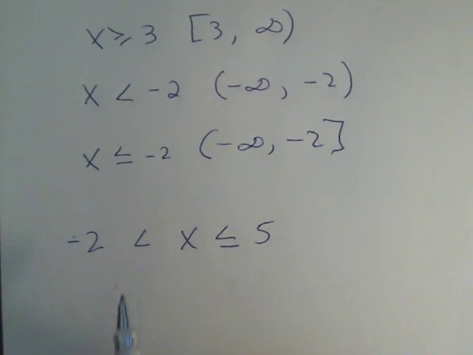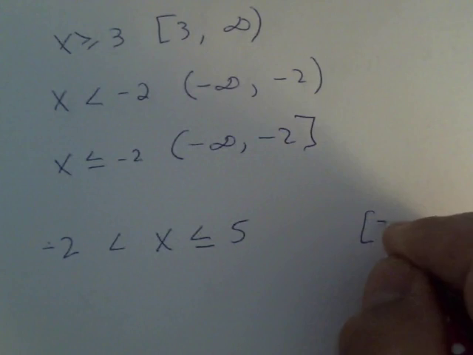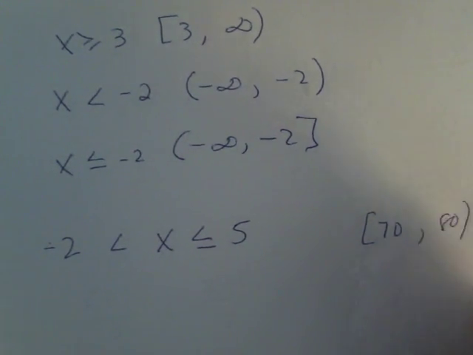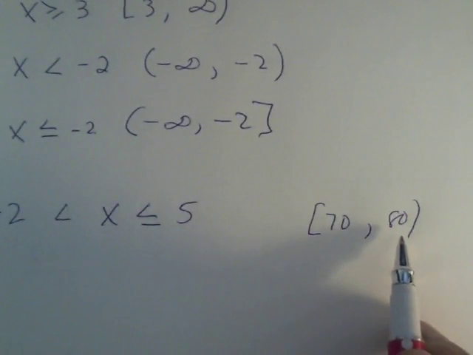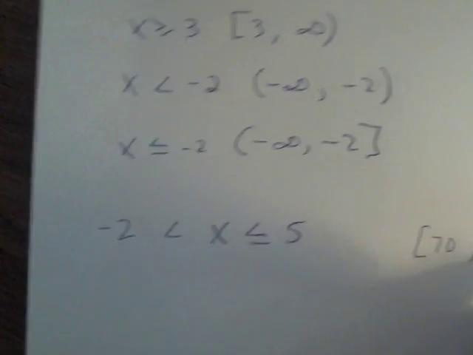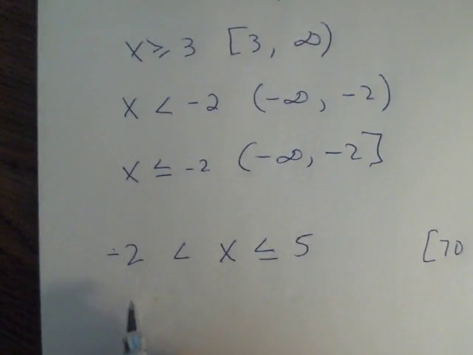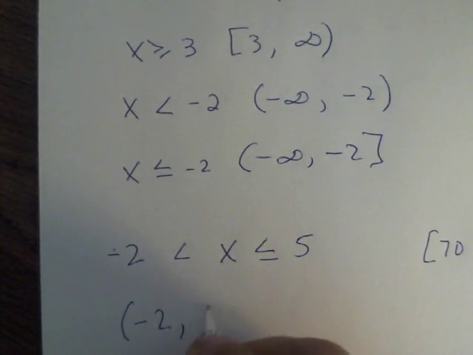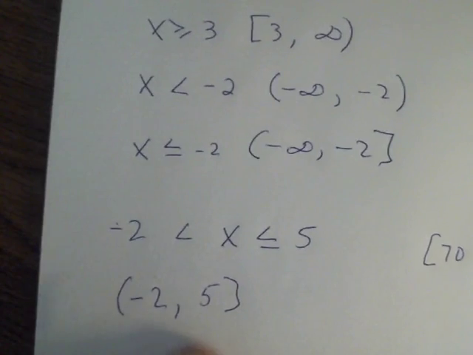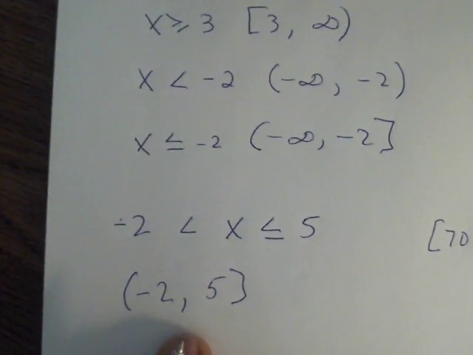It's kind of like your grading scale. 70 is a C, 80 is a B. So a C would be 70 with a bracket up to 80 with the parenthesis, because it doesn't include 80. So for this one here, I would just put the parenthesis, -2, 5 with the bracket, and that shows that my solution is between these two numbers.